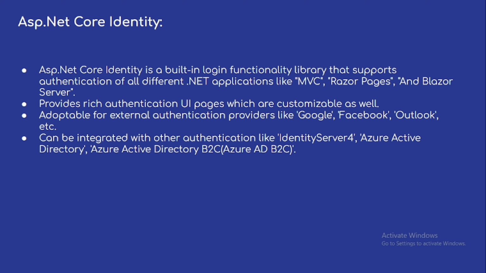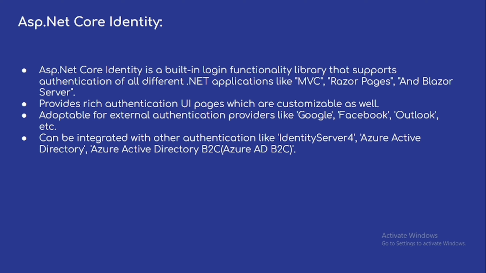Next, adaptable for any authentication providers like Google, Facebook, Outlook, means social authentication. So using this library, we can use social authentications as well, like Google and Facebook. Next, it can be integrated with other authentication libraries or applications as well, like Identity Server 4, Azure Active Directory and Azure Active Directory B2C.